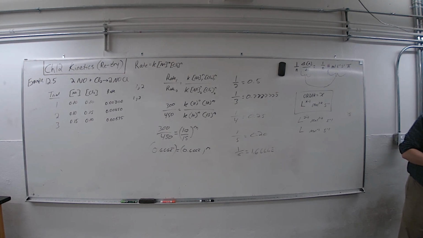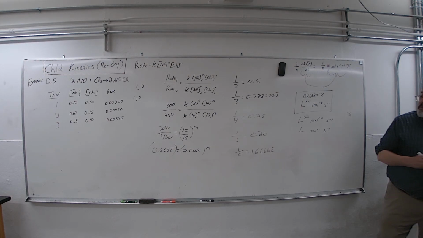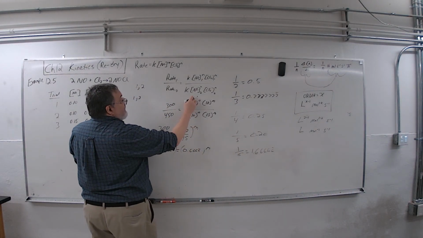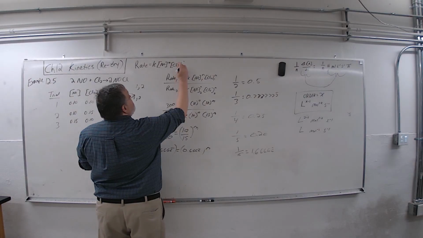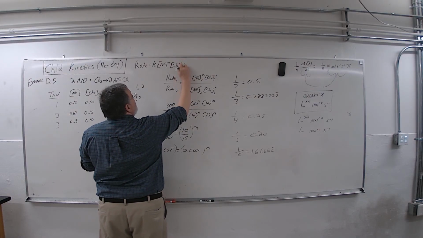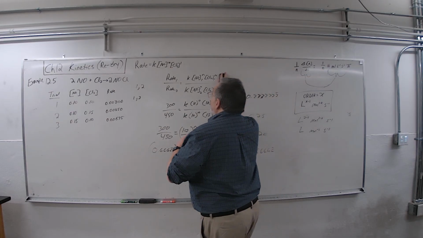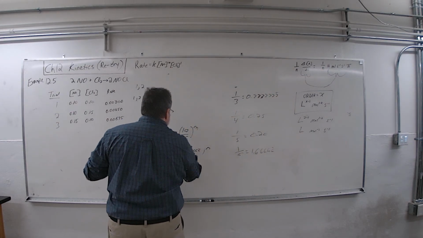Anybody solve for the other one? What you solved for was CO. The NO dropped out, so we were solving for CO, so you found that. Anybody find the one for NO? All right, let's solve that one.